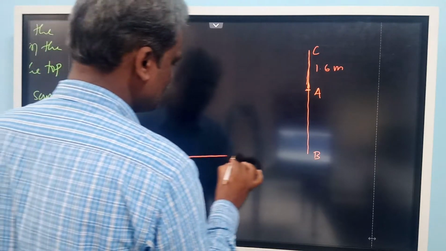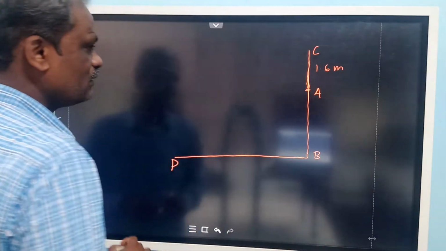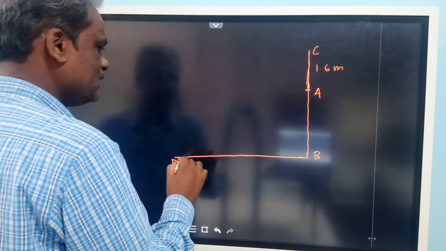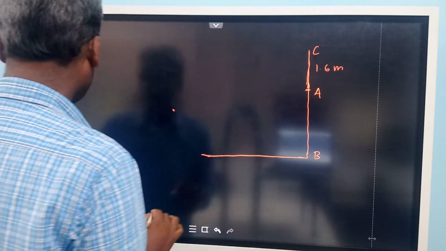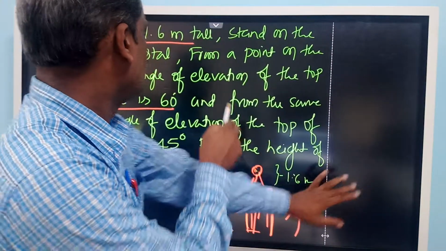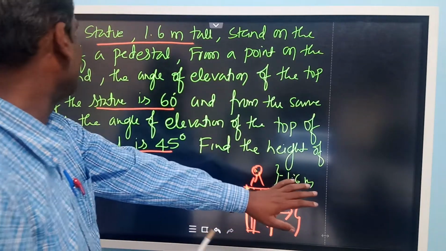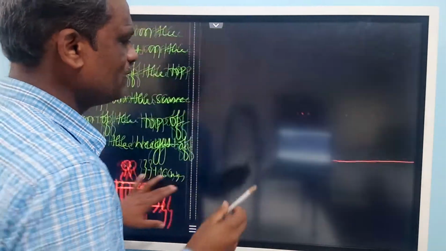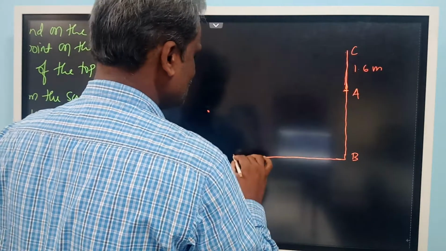From a point on the ground, somewhere, let us take point P. From the point P, the top of this statue is observed. The angle of elevation of the top of the statue is 60 degree from a point on the ground. This C is the top of the statue.